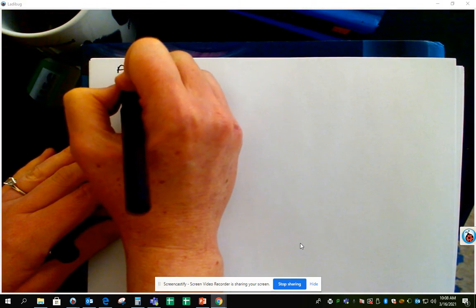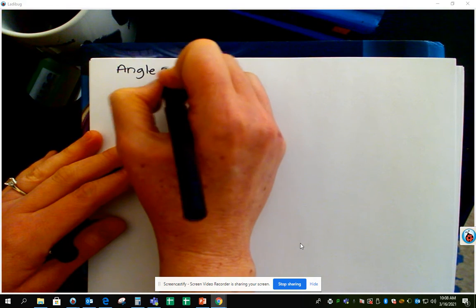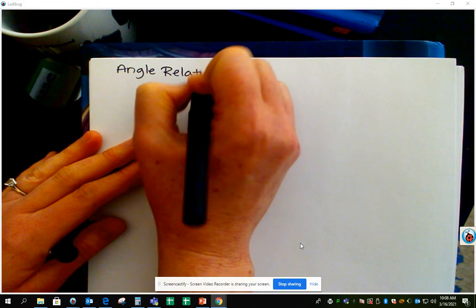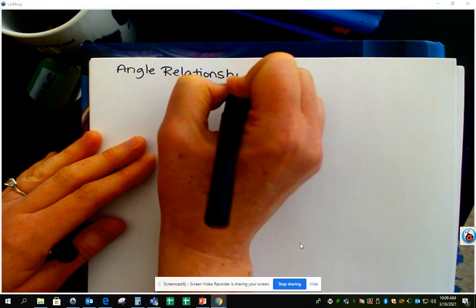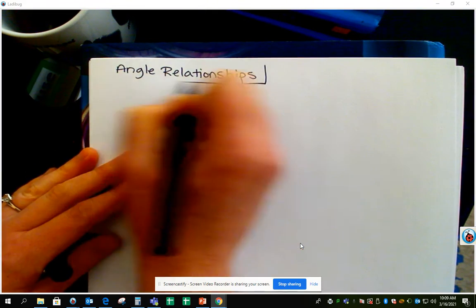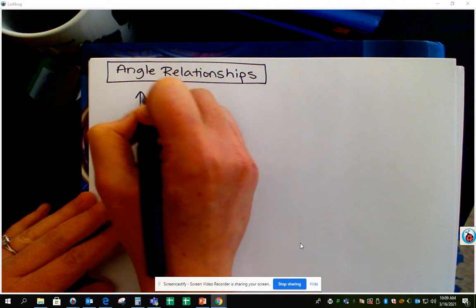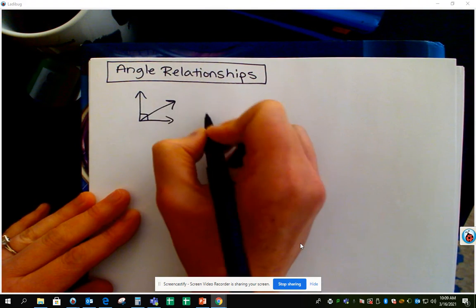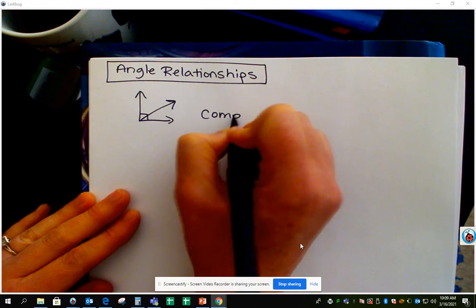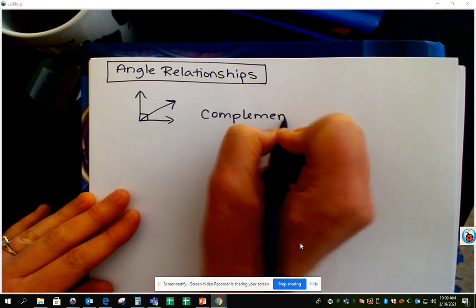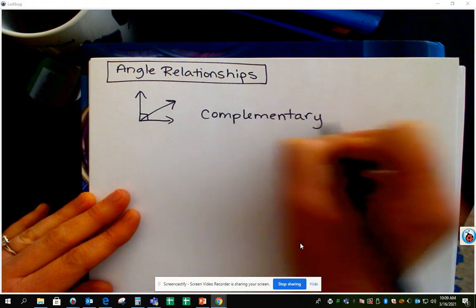Angle relationships. Couple of the biggies. Remember a right angle. These are complementary. And they add to 90 degrees.